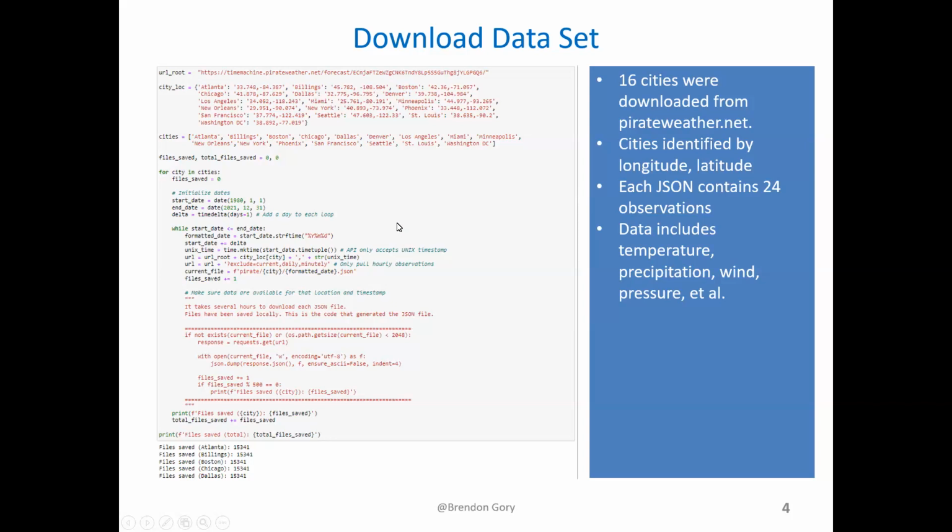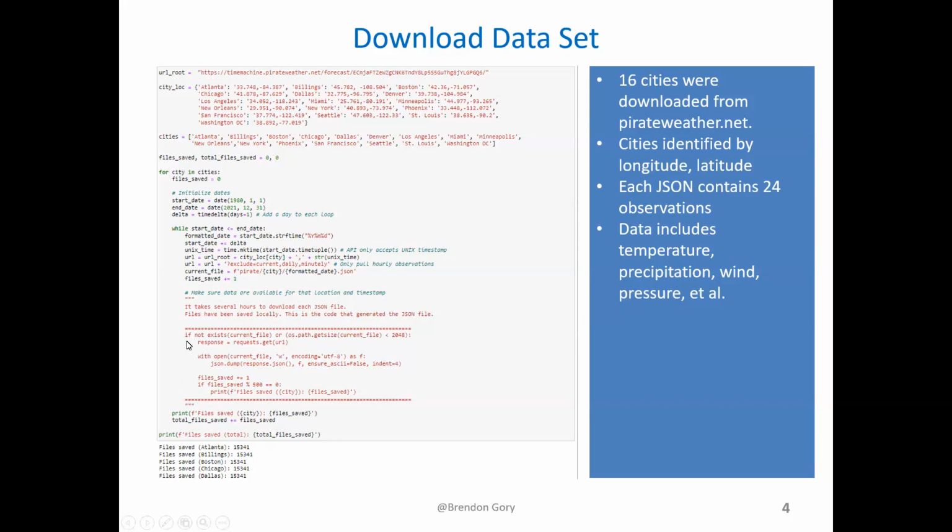I went to latlong.net, a website where you type in the city, state, and country or a region. It returns the longitude and latitude coordinates, and then you put that into the API, and the API returns a JSON file with 24 entries. Each entry is an hourly observation, and we'll cover what those observations are in each JSON file.